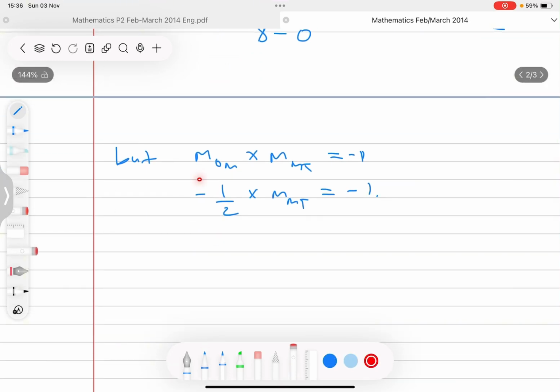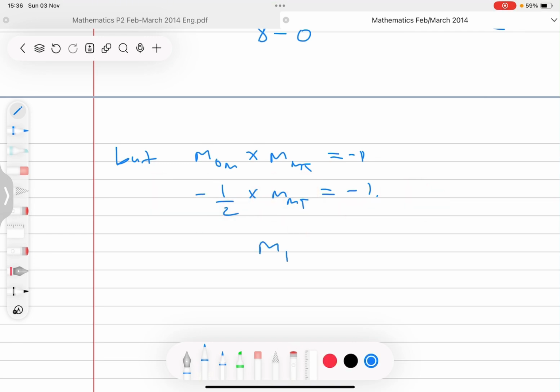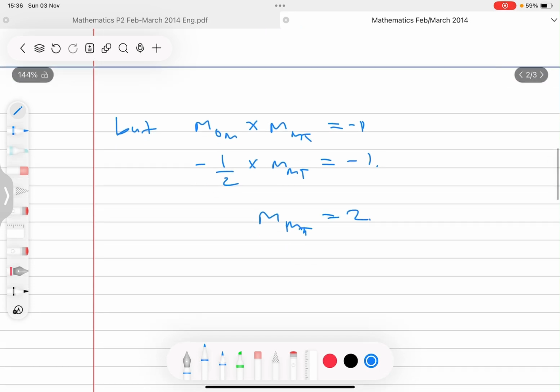Now, if we multiply both sides by -2, the 2 and the 2 will cancel, so that the negative also is removed. So here I'll be left with m_MT. But this side, when you have a -2, is going to be a +2, right? So here it means we're going to have m_MT equal to +2.